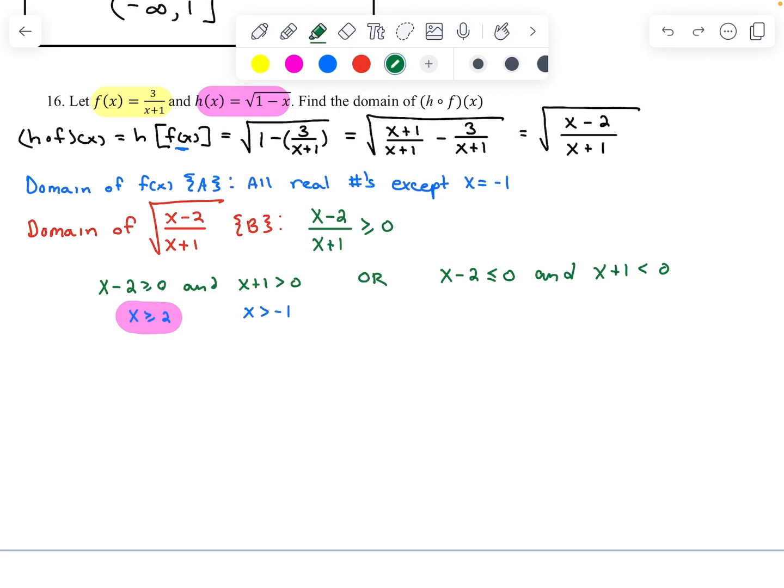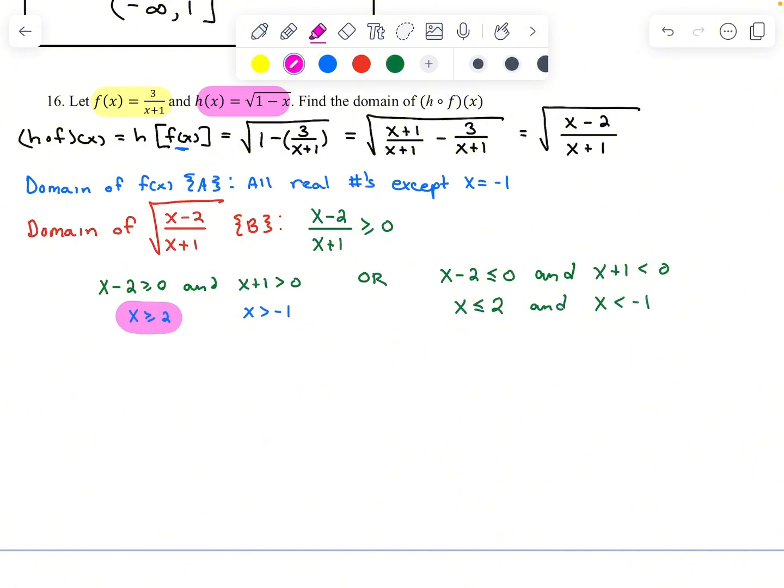For the inequalities on the right, if x minus 2 is less than or equal to 0, then x is less than or equal to 2. And if x plus 1 is less than 0, then x is less than -1.